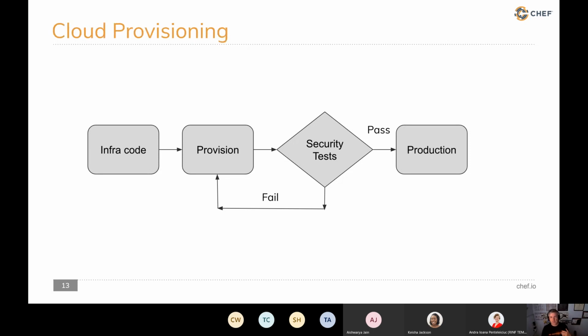So we can take this exact same pattern and we can apply it to cloud provisioning as well. And if you're wondering, the last three slides look almost identical, and it's that way on purpose.